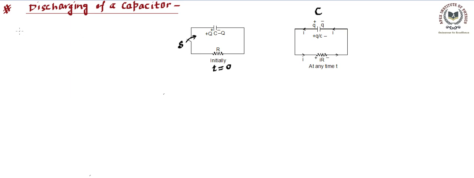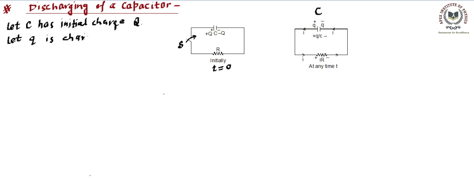So let me mention these two points. Let the capacitor have initial charge capital Q, and let small q be the charge on this capacitor at any later time t.